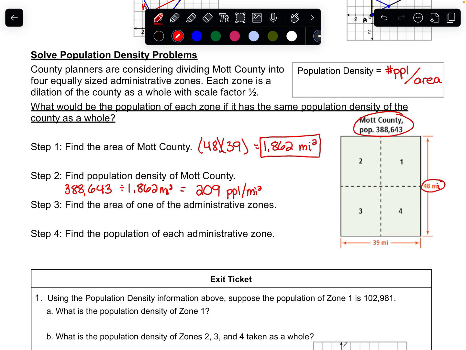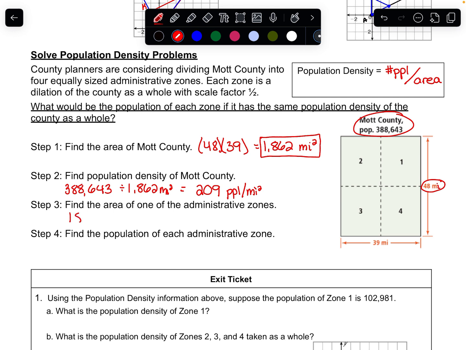All right, find the area of one of the administrative zones. Well, if the entire area was 1862, then for one of them you just have to divide by 4, right? Or you could do half of 39 times half of 48, either way.